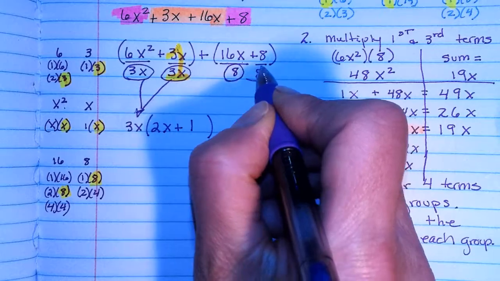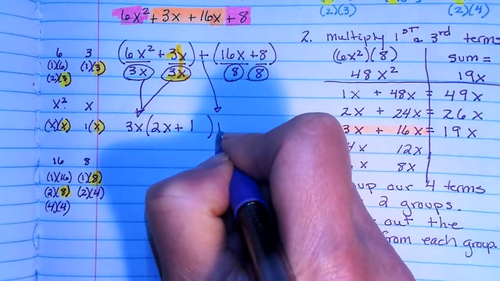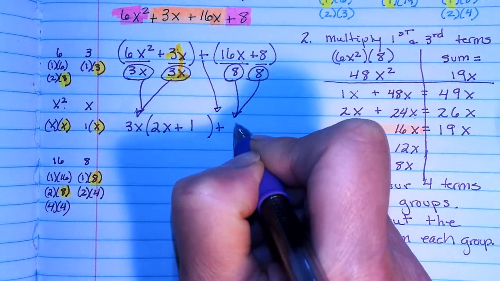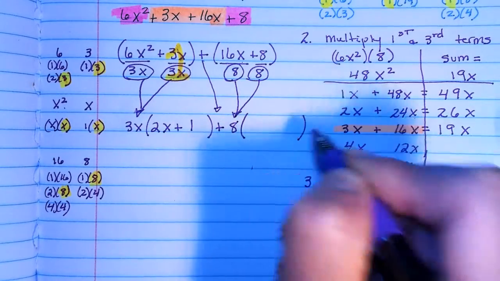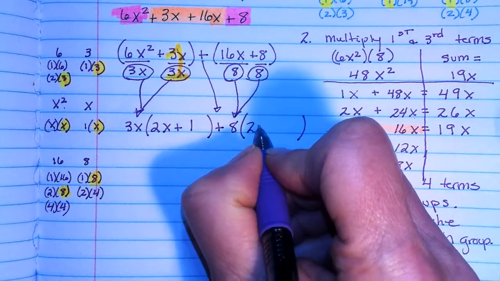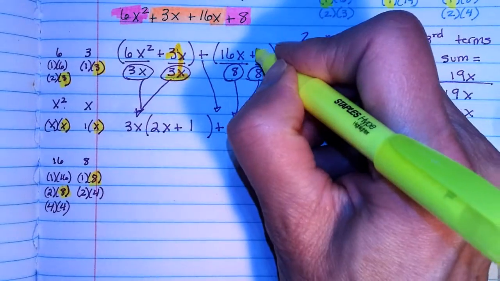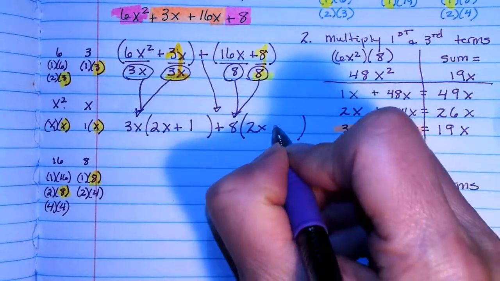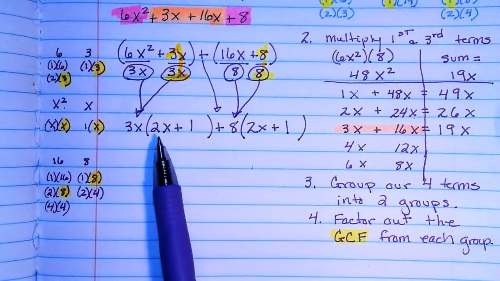So I take this 8, bring the plus down, and bring this 8 here in the front, and then I'm going to divide. So 16x divided by 8 gives me 2x, and again, 8 divided by 8 gives you 1. That's a very important thing. So that's a plus 1. It doesn't go away. Okay, so now we're almost done.